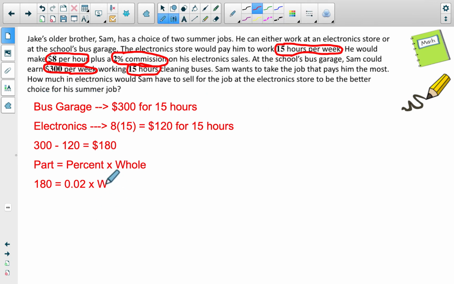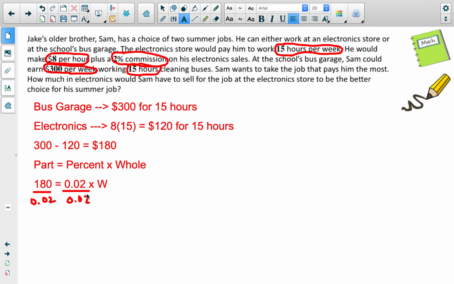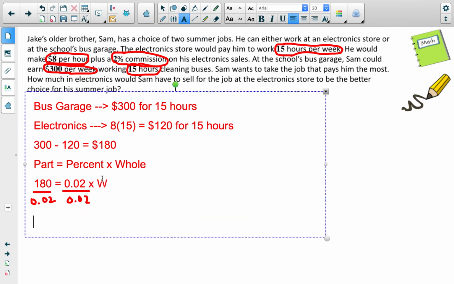The whole in this case represents the amount of sales. What this is saying is that when you take 2% of the amount of sales you make, you should get $180 in commission. So I'm going to divide by 2/10 on both sides. That will eliminate the coefficient of 2/10 in front of the W. And what we end up with is 9,000 equals W.